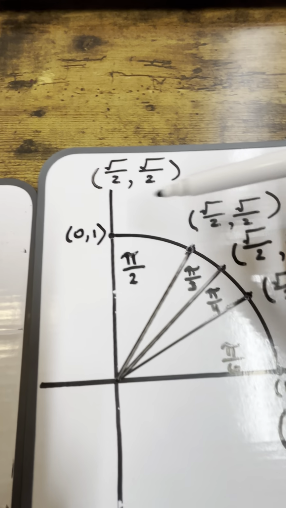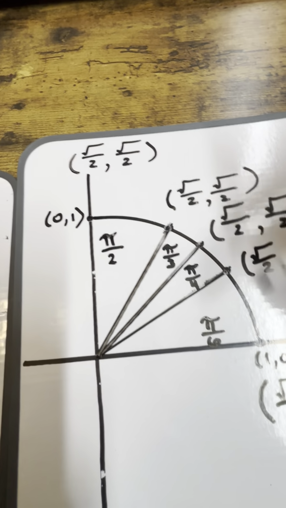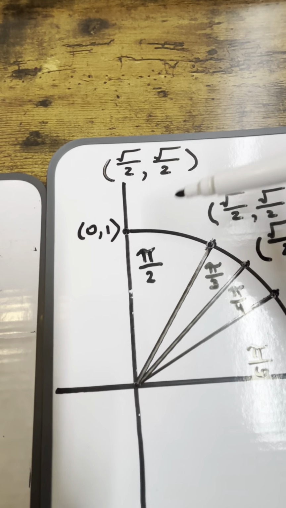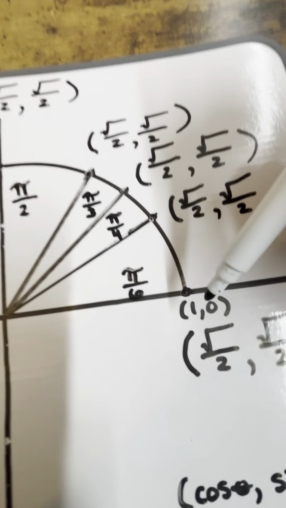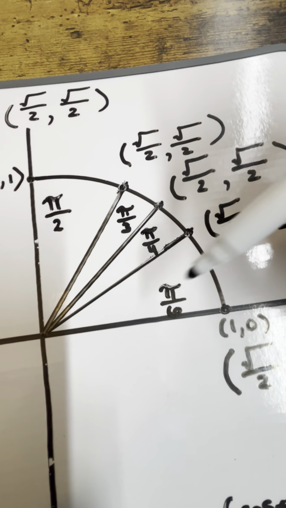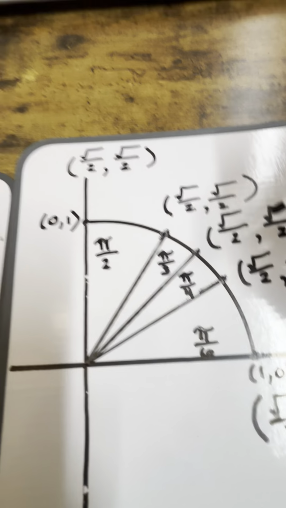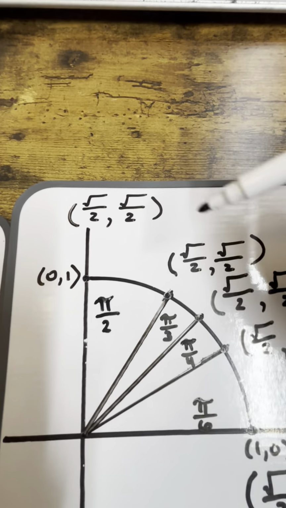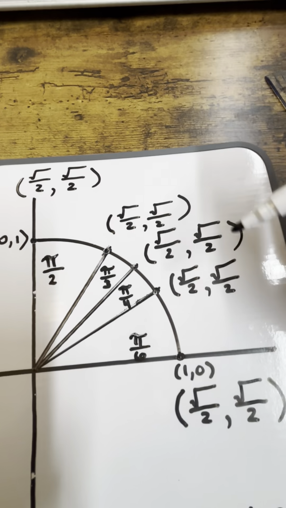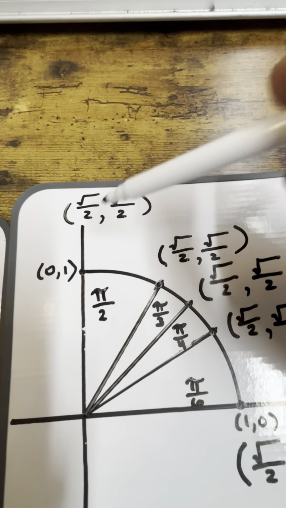So we've got our points where our curve intersects the x and y axes, 0, 1, and 1, 0. Remember, the radius is going to be equal to 1 all throughout the circle. A quick way to remember this is that I set up a template for all the coordinates, and they all follow the same thing.